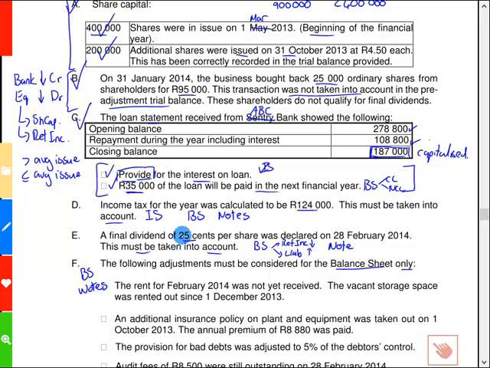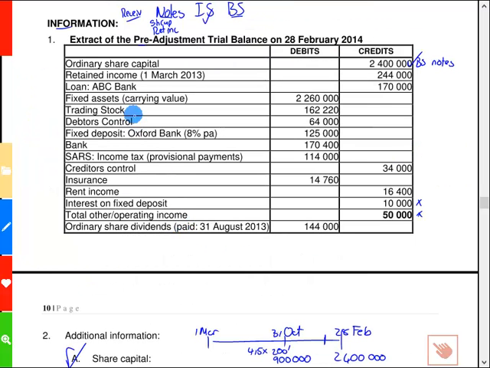Let's first look at our trial balance and see what we have. Our trial balance shows that our income tax provisional payments is 114,000. That's an asset, which means we've paid tax in advance provisionally. Now we're saying our income tax liability for the year is 124,000.